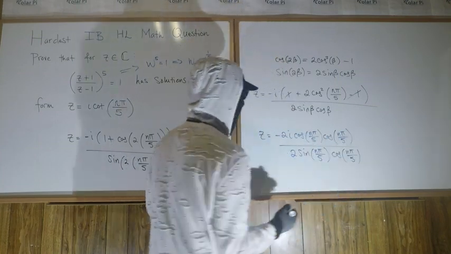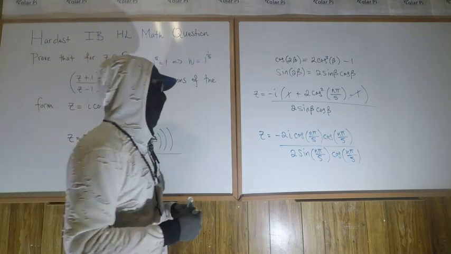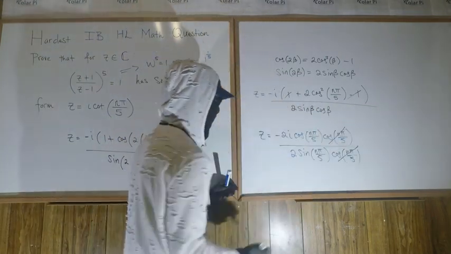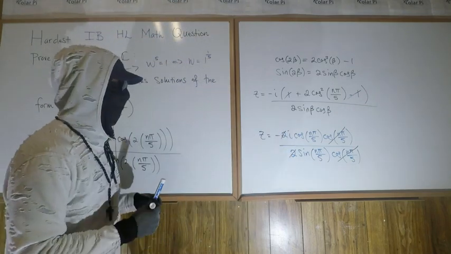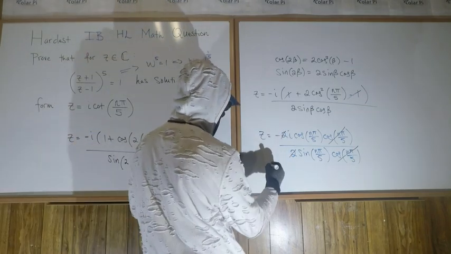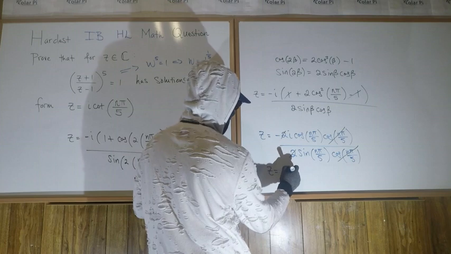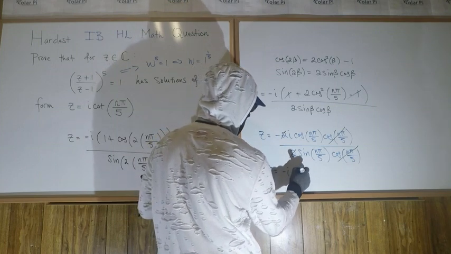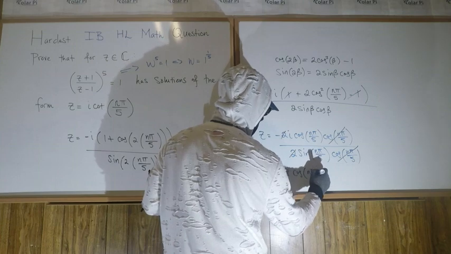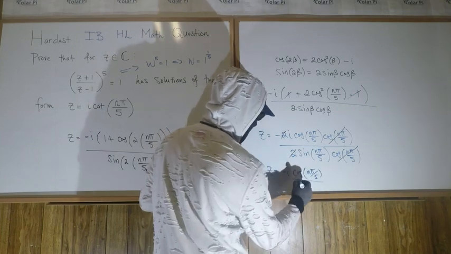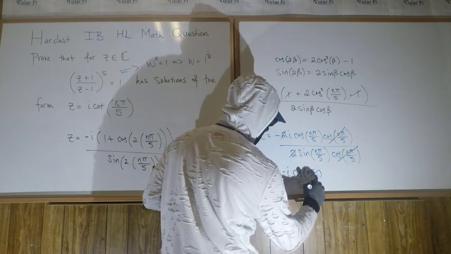So we cancel the cosine n pi over 5 right here and right here. We cancel the 2's, and we get that z is equal to minus I times cosine n pi over 5 divided by sine n pi over 5.